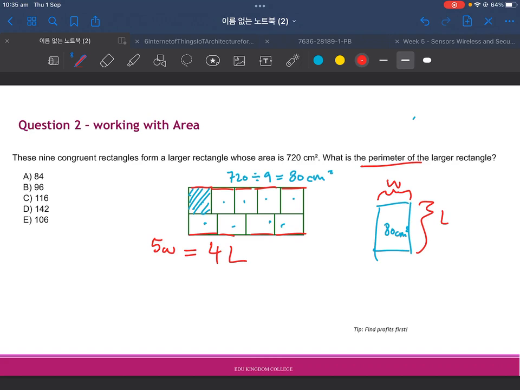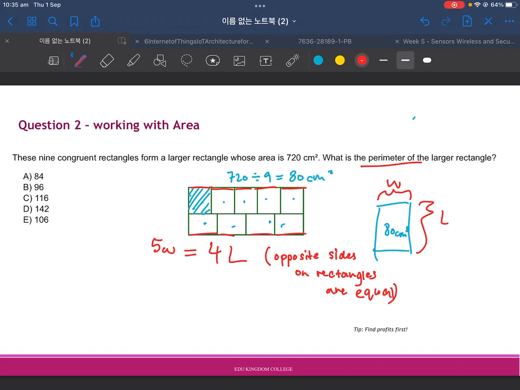And by the way, this is so because opposite sides on rectangles are equal, right? They're equal. So after we've established that, then we just need to do trial and error from here.